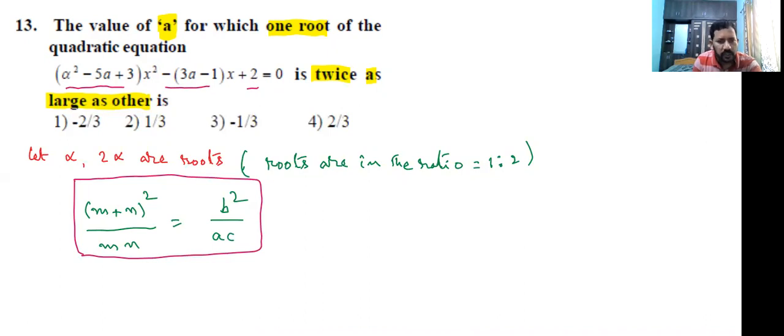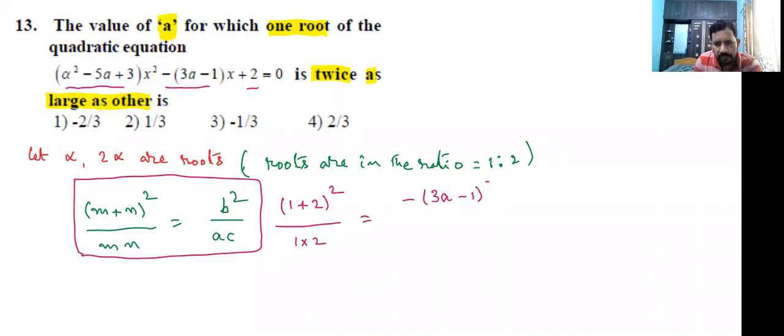So here the roots are in the ratio 1:2, so m is 1, n is 2. (1 plus 2) whole square divided by 1 into 2 is equal to b square by ac. What is the b value?